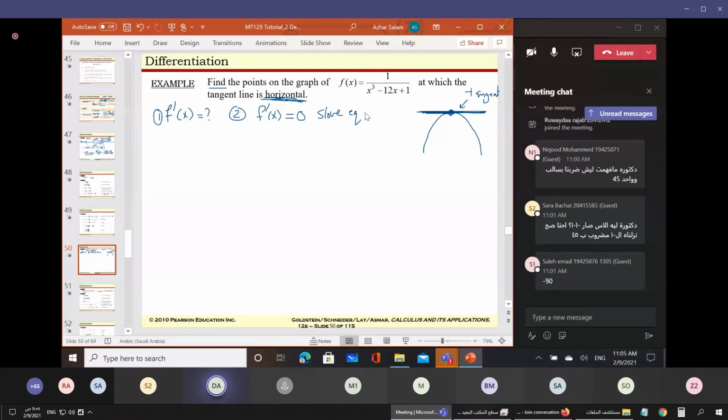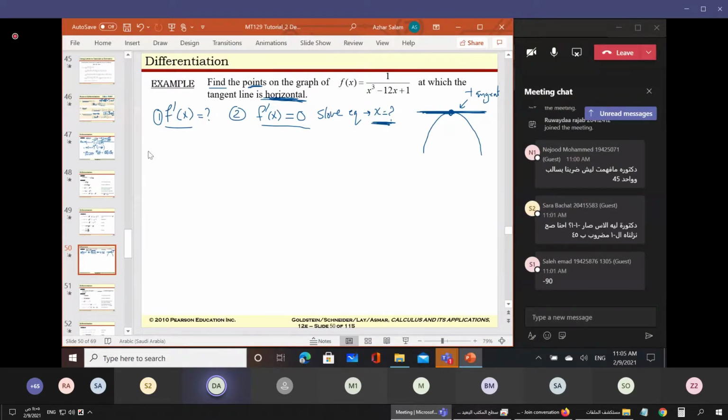If I solve the equation, I will have values of x. This value of x will be the point that makes the tangent horizontal. This is how to solve this question. Find the derivative, make it equal to 0, and solve it for x, and find the point.